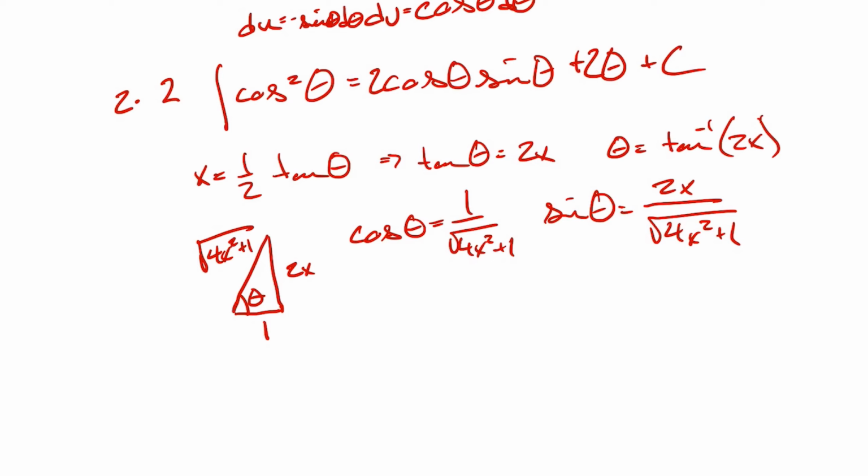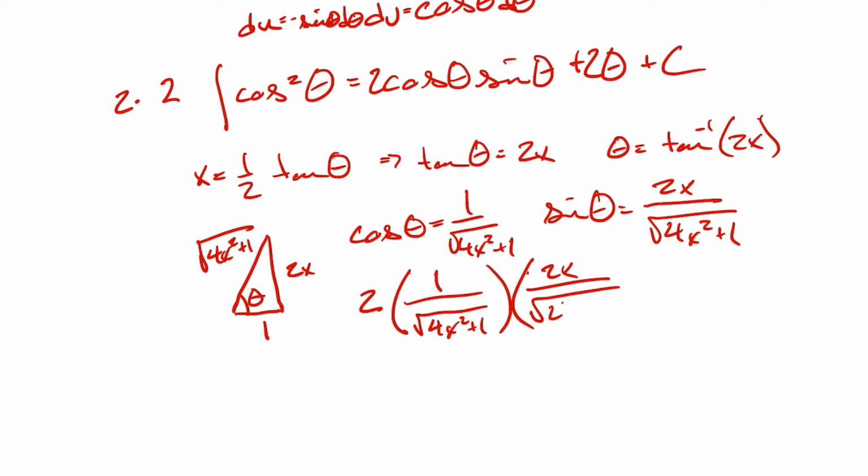So with all these little bits of information, we can now get to our final answer. I guess we'll write it out and then we'll do the algebra. 2 times cosine theta becomes 1 over the square root of 4x squared plus 1, times sine theta becomes 2x over the square root of 4x squared plus 1, and then plus 2 times theta becomes tan inverse 2x, and then plus c.